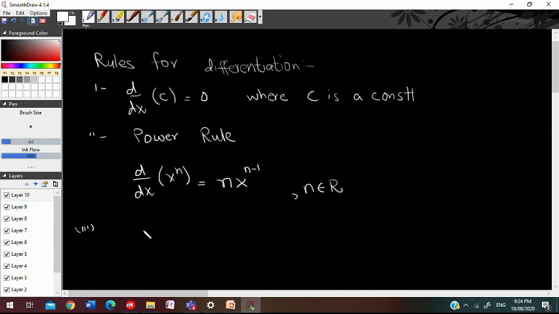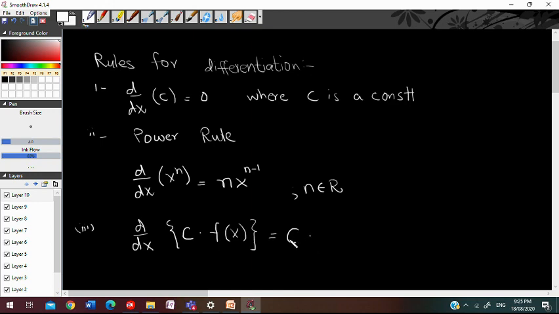Now the third rule: d by dx of a constant as a multiple of any function of x. By the rule, the constant does not change, so we cannot calculate the change on it. That's why we bring this constant outside of the function.